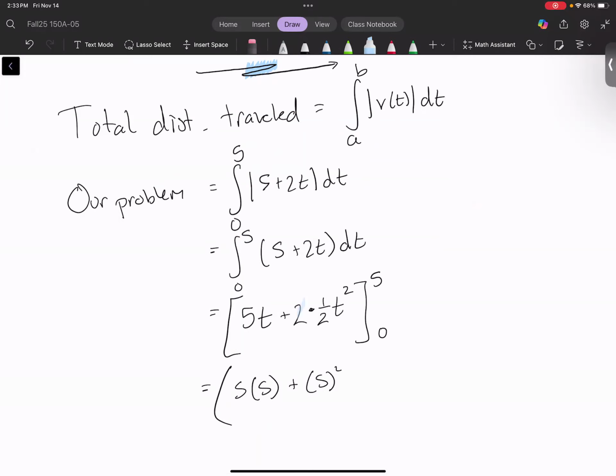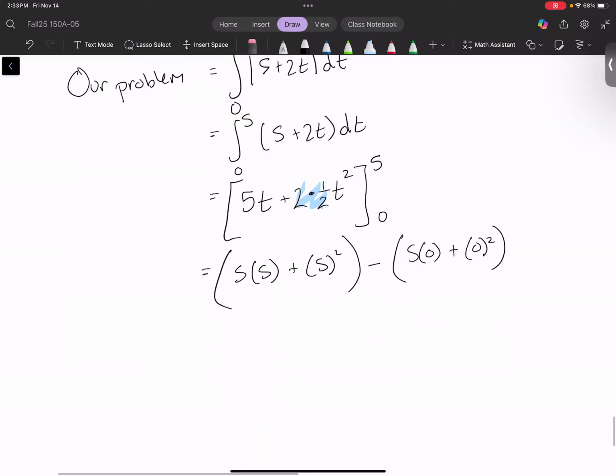So the 2's cancel, which is kind of nice. Then minus 5 times 0 plus 0 squared. So all that's zero. We can ditch that. So I have 25 plus 25, 50 feet.